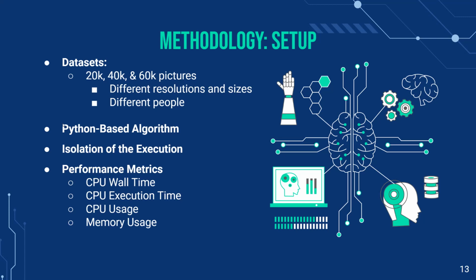And once we were done making the data set, we inserted it into a Python-based algorithm that processes the image itself and gives it a classification of person as well. And to do a fair experiment, we did an isolation of the execution, which means that we killed any process or program that was running in the background that was not needed for the computer to run.